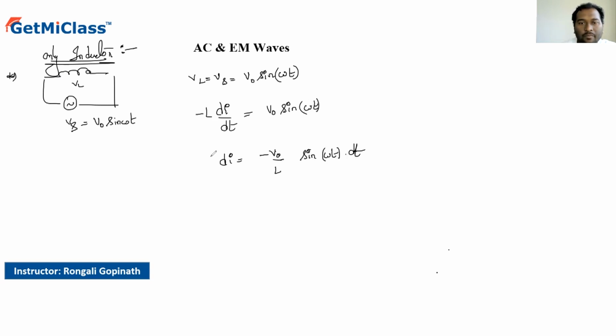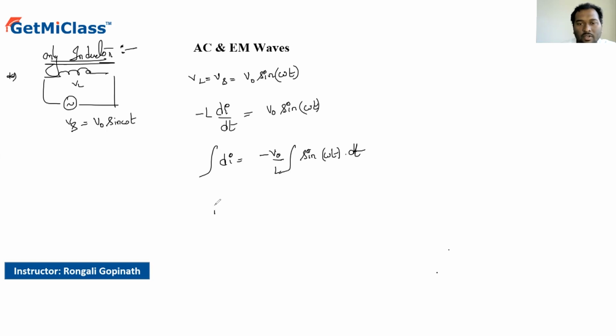Since the inductor and the source are in parallel, V_L equals V_s, which is V naught sine of omega t, where V_L is equal to minus L times di by dt. That is the voltage across an inductor, right? Which is equal to V naught sine of omega t, or di can be written as minus V naught by L sine of omega t dt.